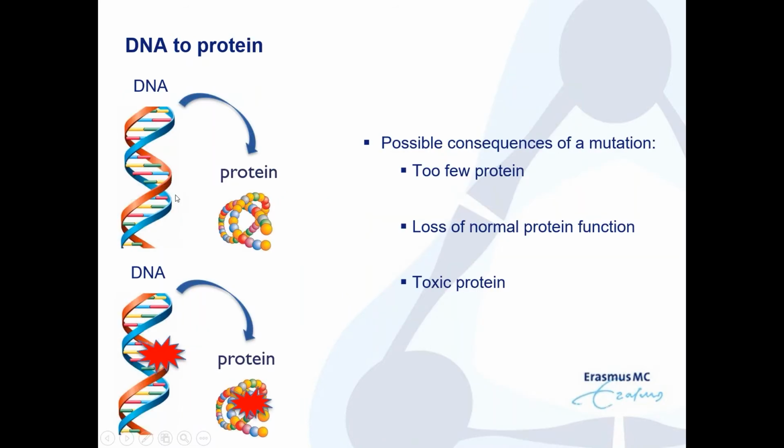That is because every gene is responsible for the production of certain proteins. So when this letter code is changed, this may alter the production of this protein, which can either lead to too little production of protein, and thereby it loses its normal function, or the protein can gain an extra function, which could be toxic for the body.